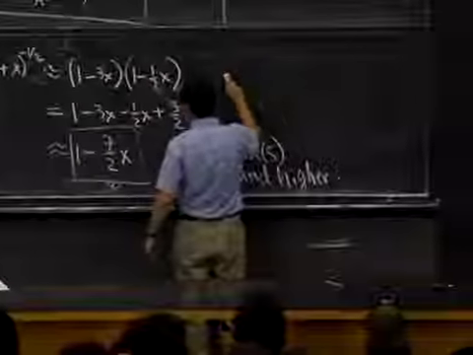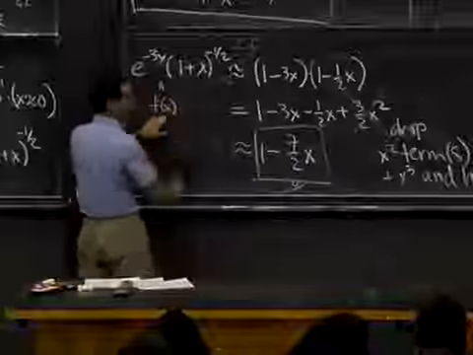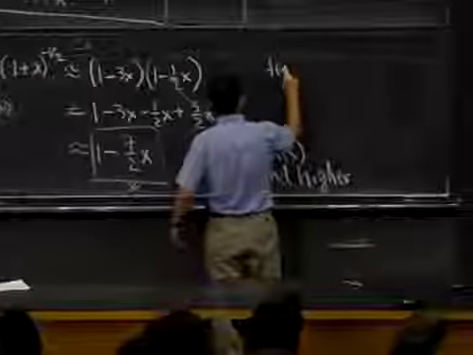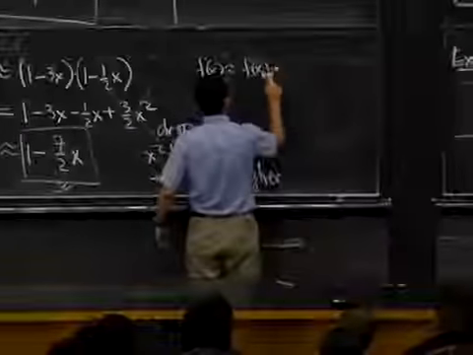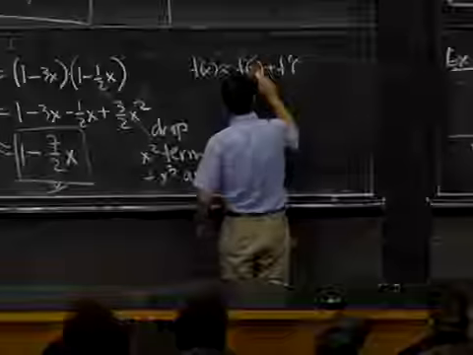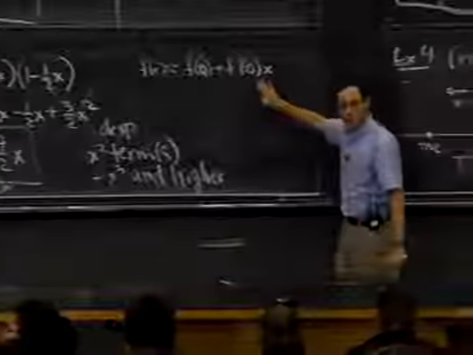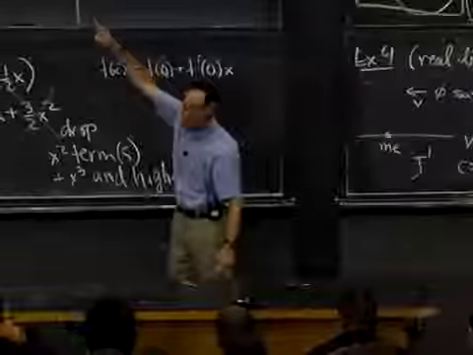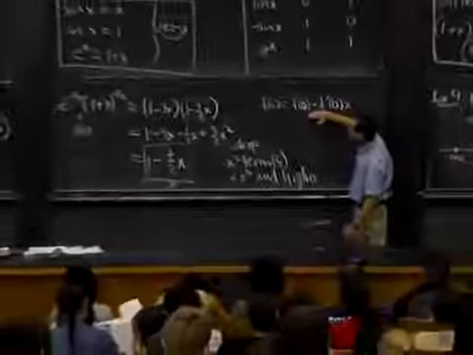If I call this function f of x, then it must be true that the linear approximation is f of x 0 plus f prime of x 0 times x. That's the formula that we're using. It's up there in the pink also.